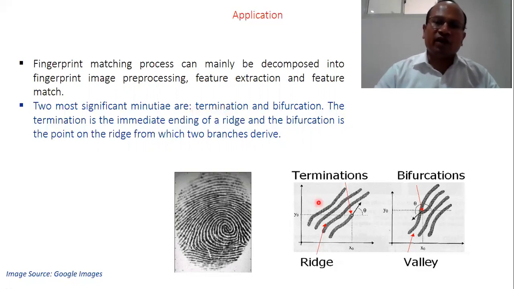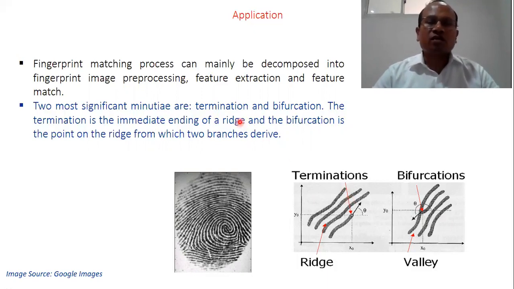In any fingerprint, when you record it, the impression has two important kinds of minutiae, called termination and bifurcation. This is a termination. You see here, it is getting terminated.